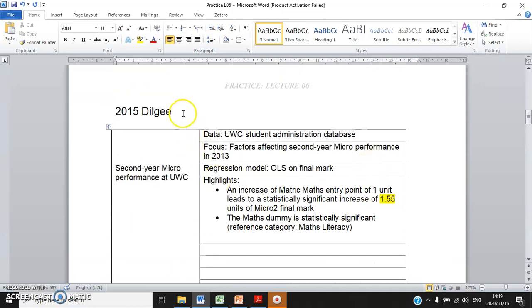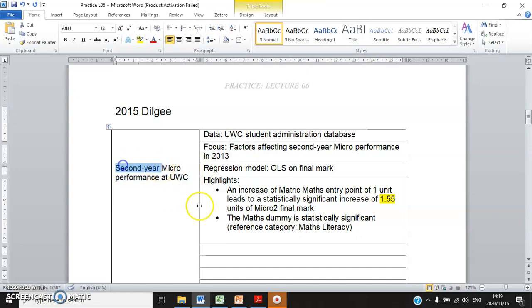Second study, 2015, Dewji, on UWC, also micro, but this time it is on second year. The highlights: an increase of matrix mass entry point of 1 unit leads to a statistically significant increase, same as the first study. This time the parameter is 1.55.